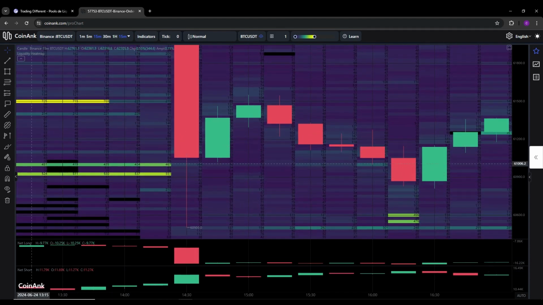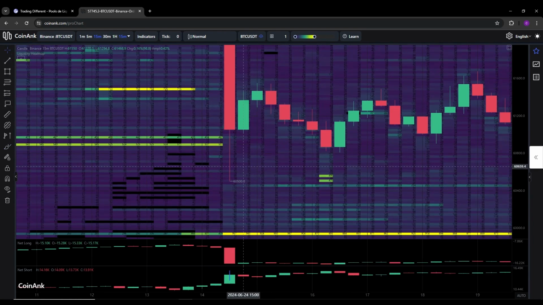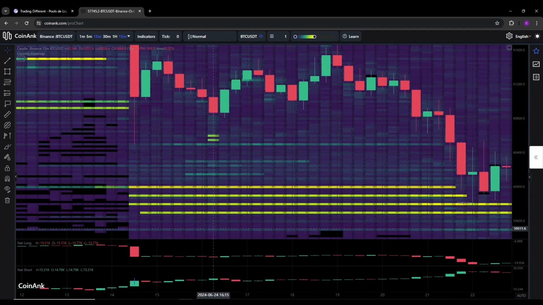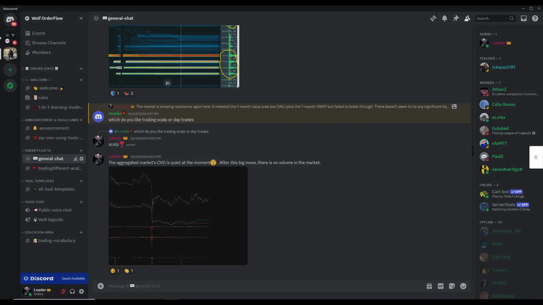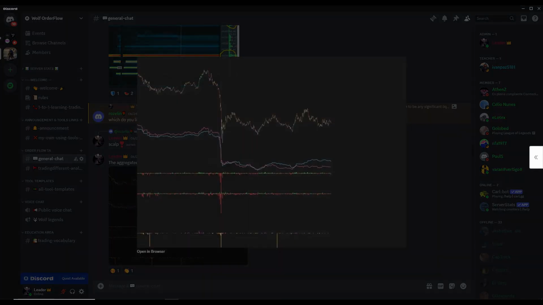The indicators suggested whether the net position is long or short. It appears that there is a significant short position open which is yet to be absorbed within this time limit. I had posted about CVD in the aggregated market, which was indicating no divergence or buy/sell indications.